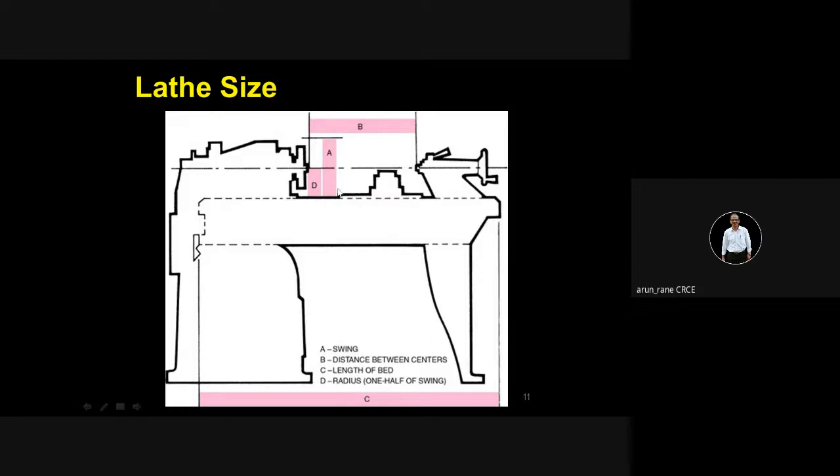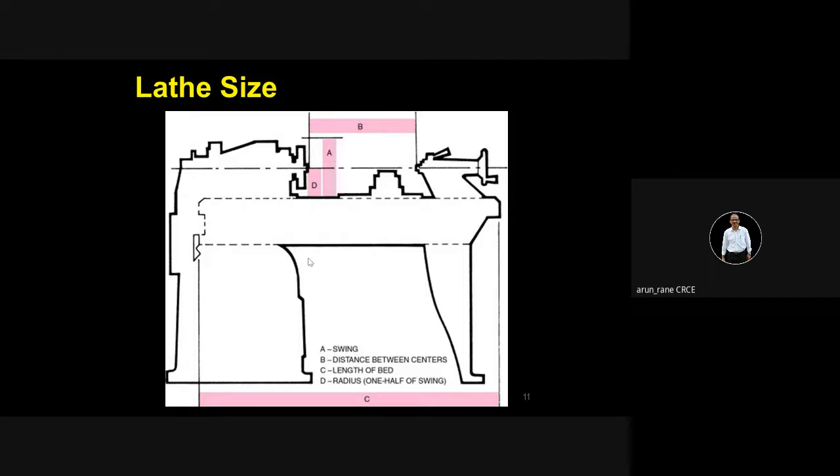A is the swing, meaning diameter. D is obviously half of the swing. C is the length of the bed, and B is the distance between the centers. This is an important diagram.